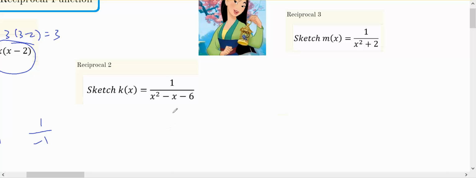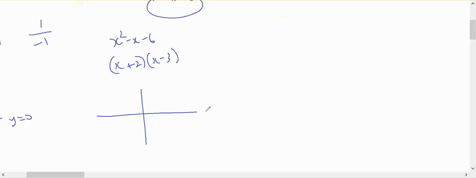Looking at k, I need to consider what x squared minus x minus 6 looks like. So that's (x minus 3)(x plus 2), negative on the 3, positive on the 2. Therefore, that's going to be a parabola that will have x-intercepts at negative 2 and 3, and it will cut through at negative 6, and it will have a turning point at dead middle.